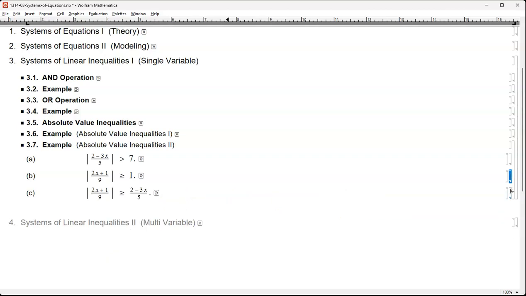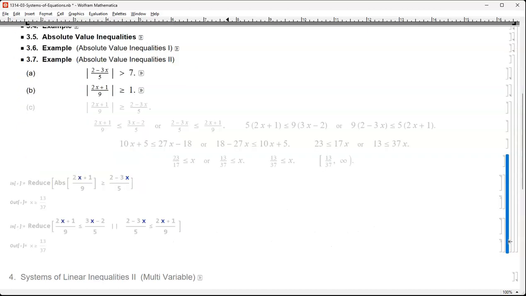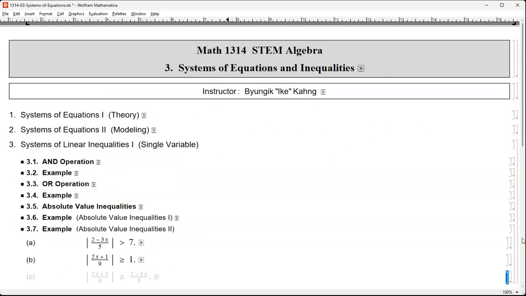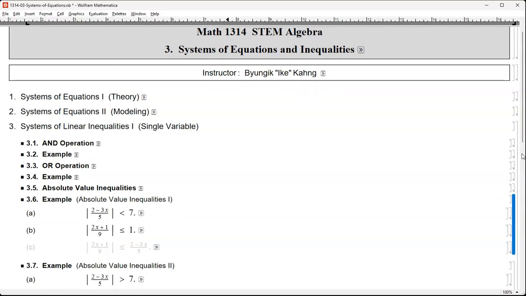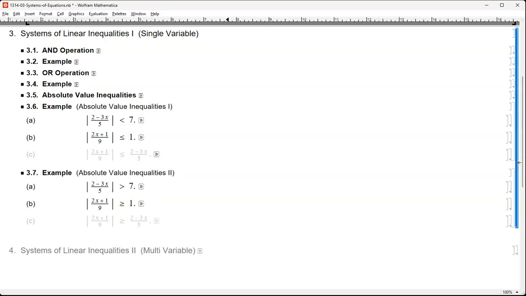And this one, I'll throw that away. Too hard, too complicated. I mean, it works out, yeah, but never mind. Let's not get there. So, depending upon the direction of the inequality, the absolute value inequalities can become either AND operation or OR operations.